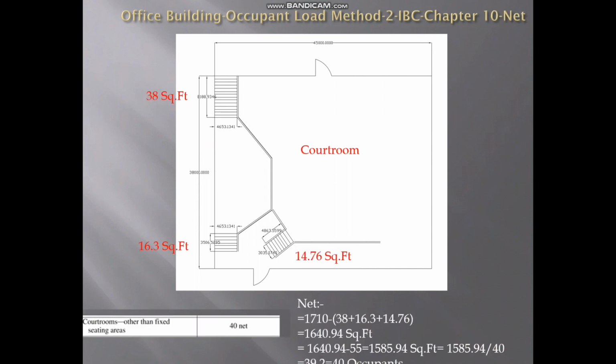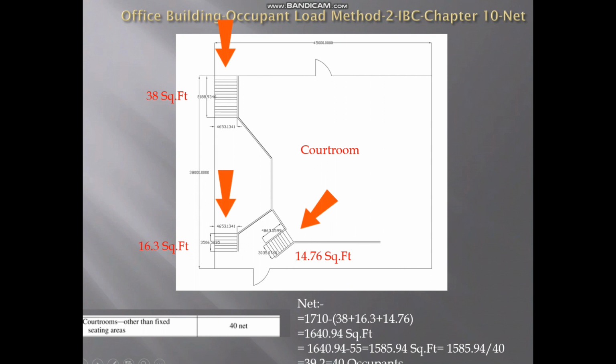The next one is the net area. Here I have shown the same building but with a different concept. This building is considered as a courtroom. Earlier it was an office building, and here just assume that this is a courtroom. This is the entrance of the building, and these are ramps to enter the building.